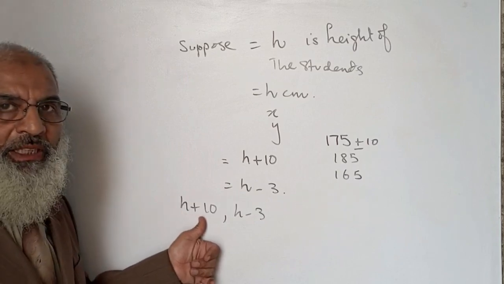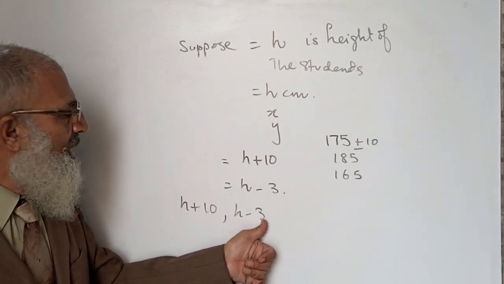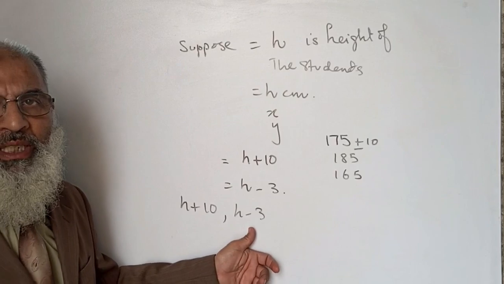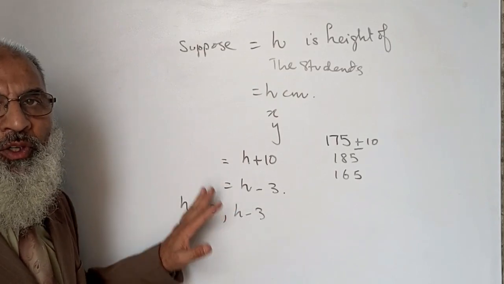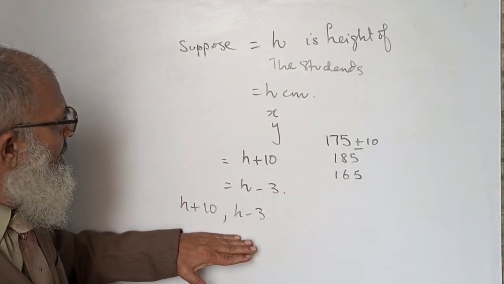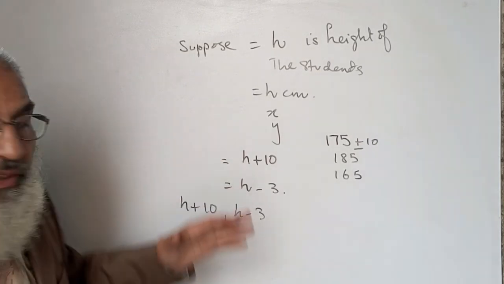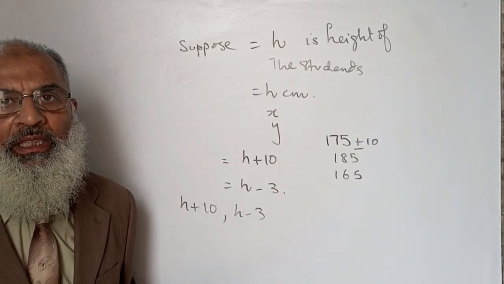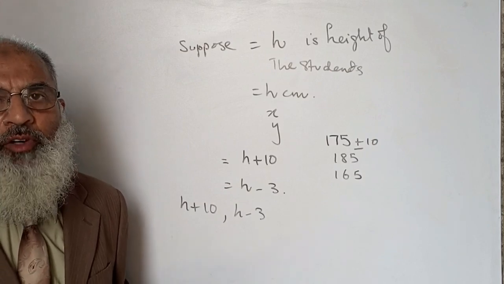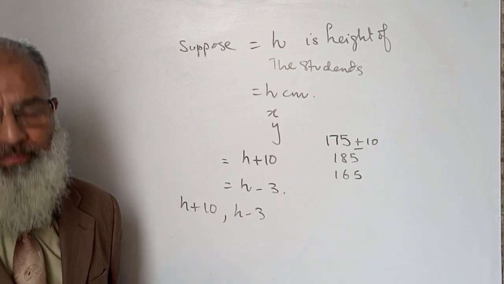So h plus 10 and h minus 3 are the algebraic expressions which we have just produced with the help of the English expression or English information.